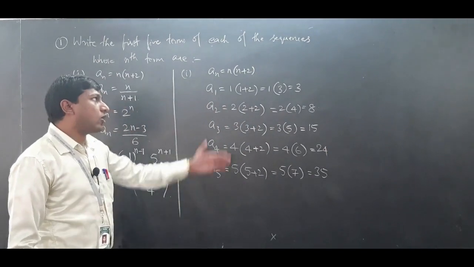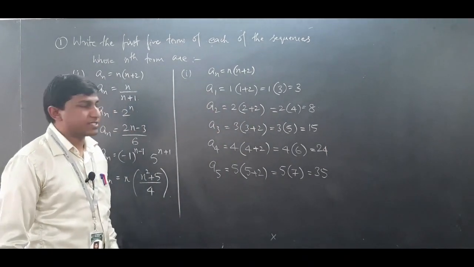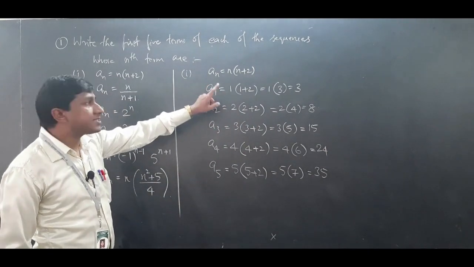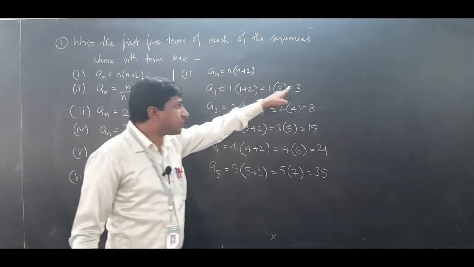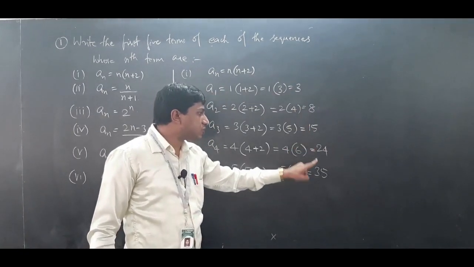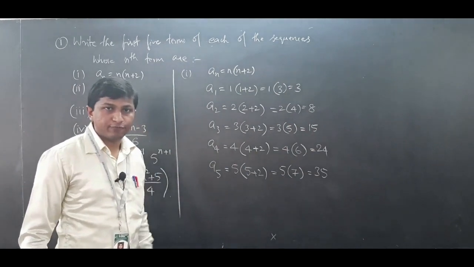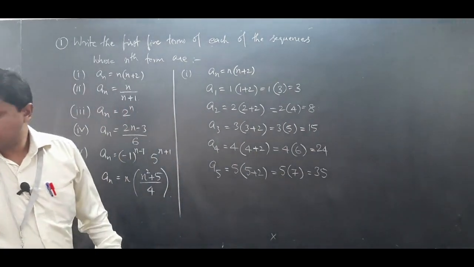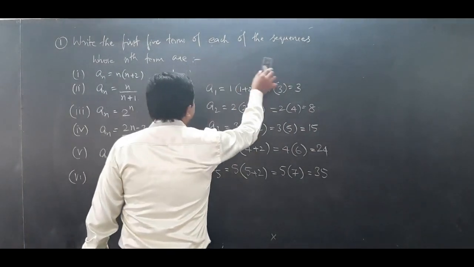So we have found out the first 5 terms of an equals n into n plus 2: 3, 8, 15, 24 and 35. Okay. Moving on.